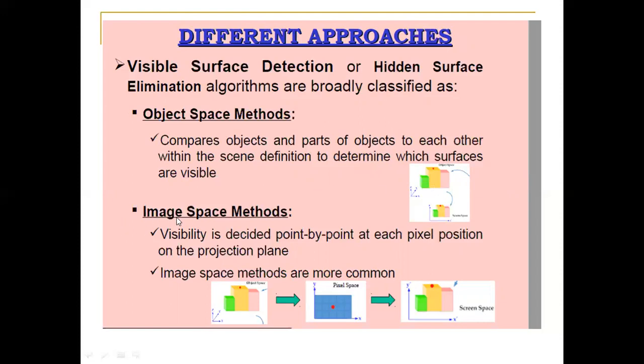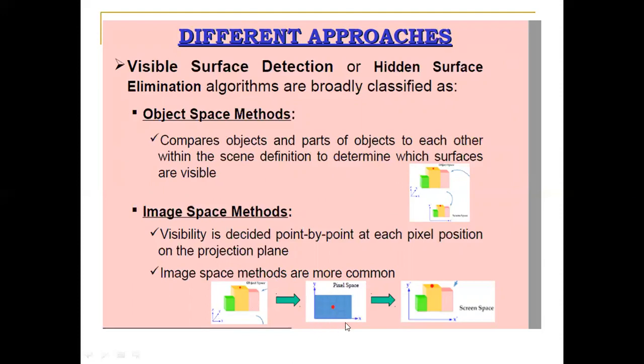The next type of method is image space method. Under image space method, the image of that particular picture is projected onto the screen, so the visibility is decided point by point at each pixel position on the projection plane. We are taking the picture of the object, and this particular scene is projected onto a plane.